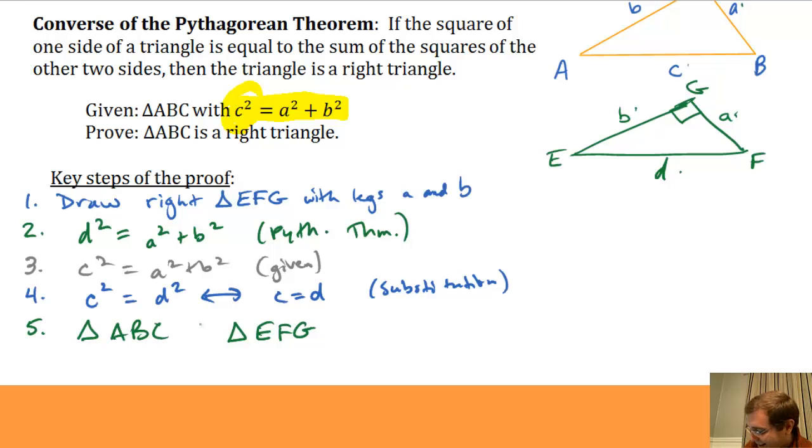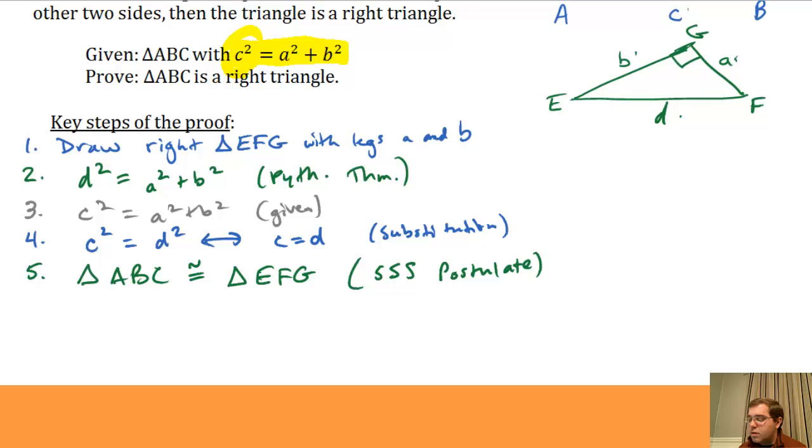Congruent. Good. They're congruent. They're not similar. Well, they are, in fact, similar, but they are congruent by the side-side-side postulate, because we now have all three pairs of sides equal to each other.